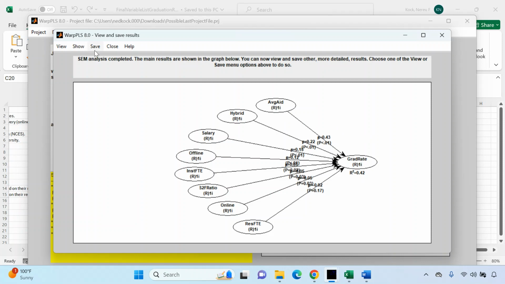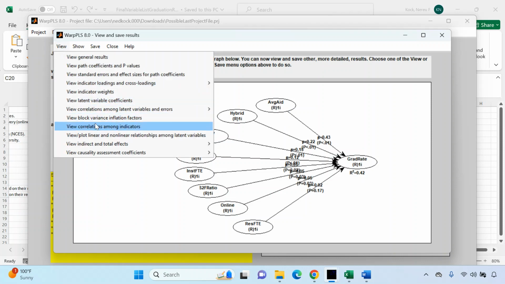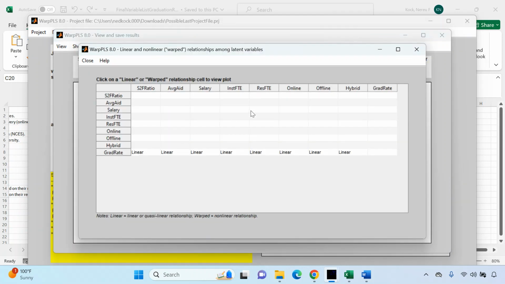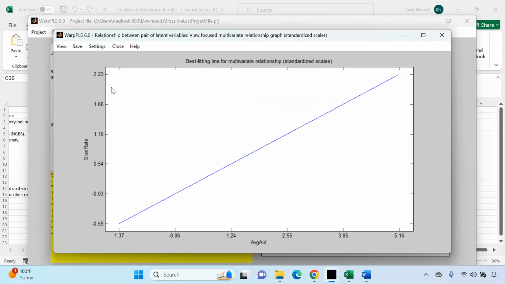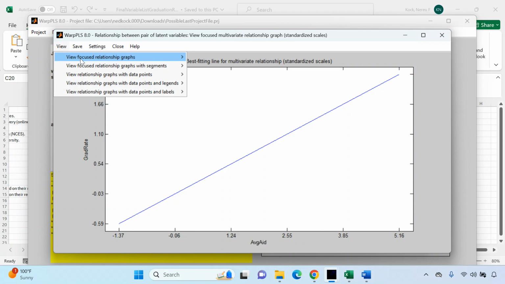Now, you can also take a look at unstandardized graphs and then enrich your analysis, and this is something that is done in the textbook. So for average age, let's take a look at the graph. This is the focused graph.